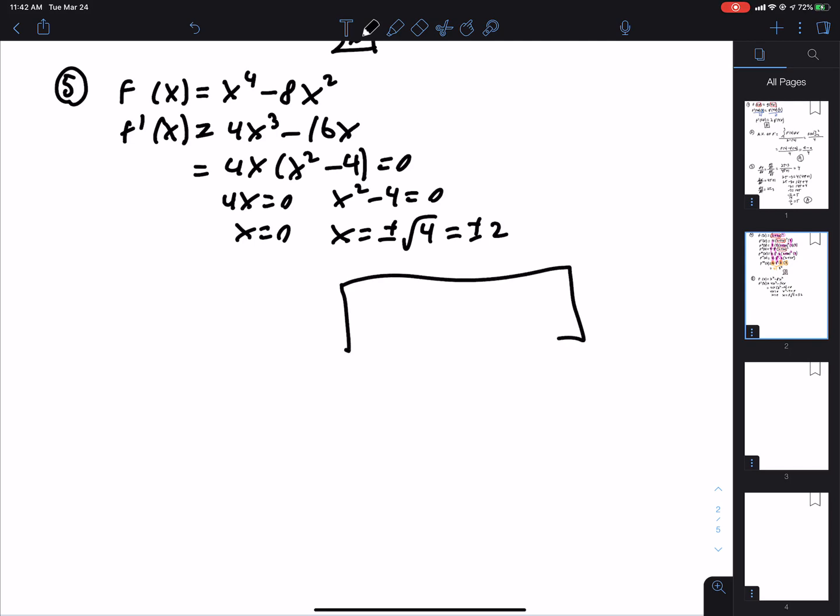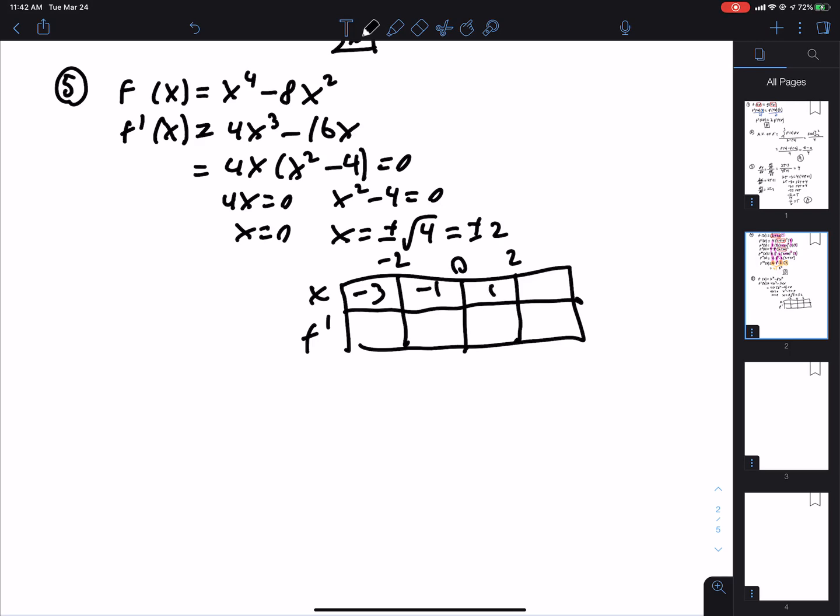Then we're going to make a table, because these are the only possible points where the derivative could change signs. So we need to see what happens at those points. I'll go -3, -1, 1, 3. I plug in -3 here and here.